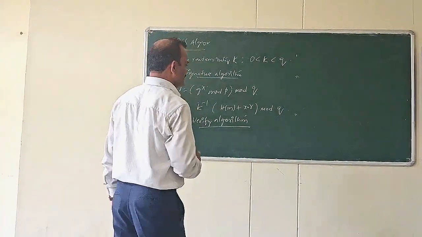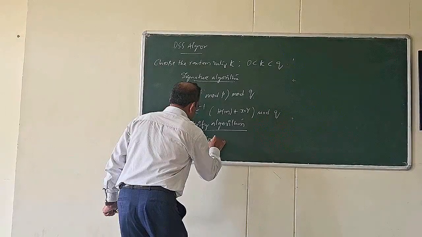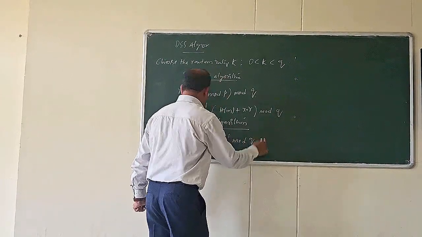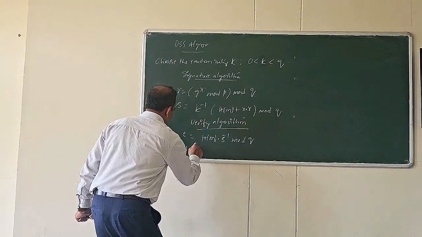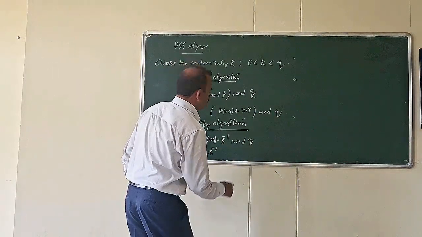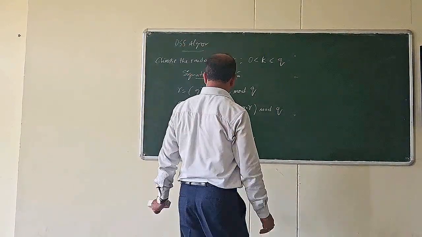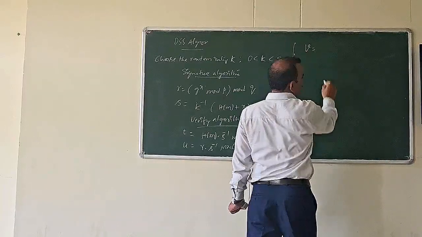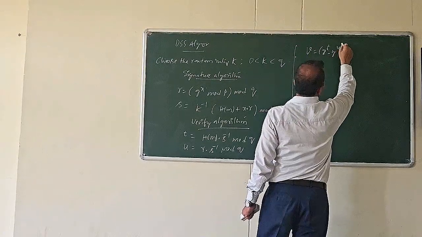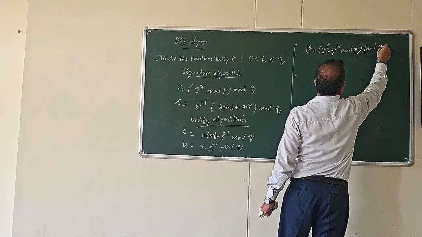So here t equal to hash message m into s inverse mod q, and u equal to r into s inverse mod q, and v equal to g power t into y power u mod p, whole mod q.